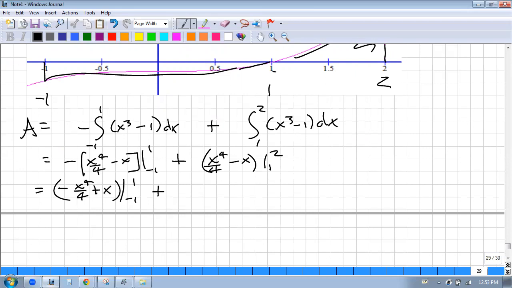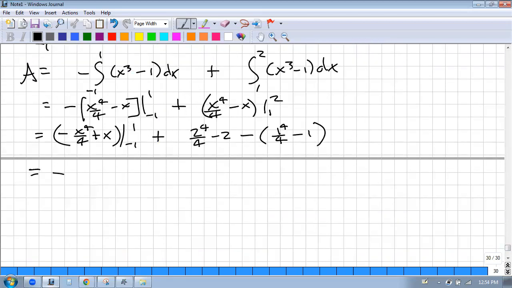Over here it's going to be 2 to the fourth over 4 minus 2, minus 1 to the fourth over 4 minus 1. So we would have, let's see, negative negative 1 to the fourth over 4 plus 1 minus negative 1 to the fourth over 4 minus 1. And this was 2, this is 4 minus 2 minus a fourth plus 1.